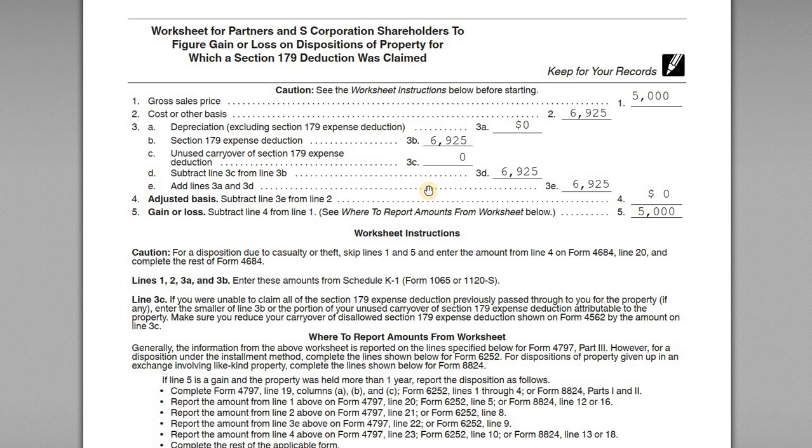So he doesn't have any suspended 179 that he needs to account for. In the case where you might have some 179 that needed to be accounted for, that would adjust your overall gain or loss, right? But in this case, his numbers jive exactly with what we see on the Schedule K1. So his adjusted basis is $0. His gain is going to be $5,000. And then the depreciation, so the 179 depreciation deduction is the $6,925.